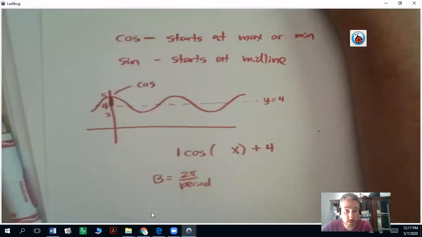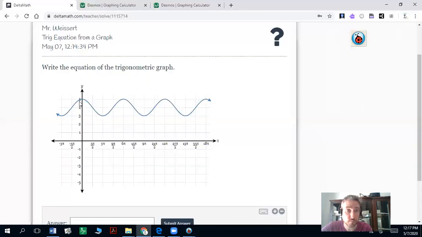So let's look closely at that graph and see if we can figure out what the period is. Okay, it starts at 5, goes back down. Remember, if it's cosine, wherever it starts over again at that max is going to represent the x value for your period. So down here, that period is 6 pi. So let me go back to my paper and we'll work that out.